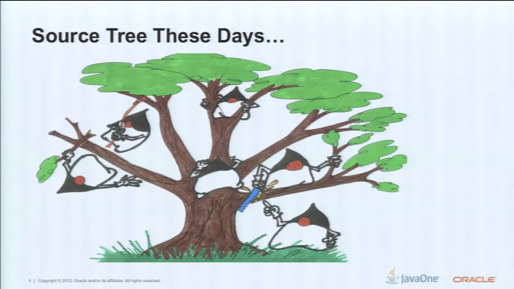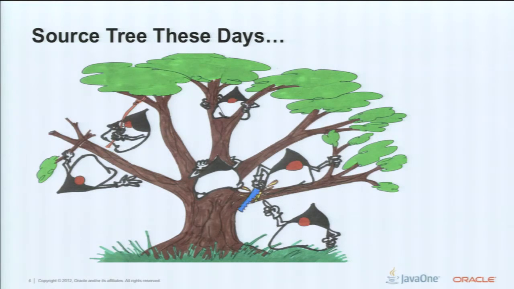And what's next? Since November 2006, OpenJDK became open source software under the General Public License, GPL. And the Java source code now is a big forest of repositories, and each tree inside this forest is quite complex and big.